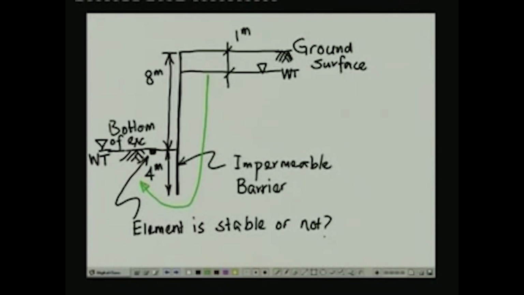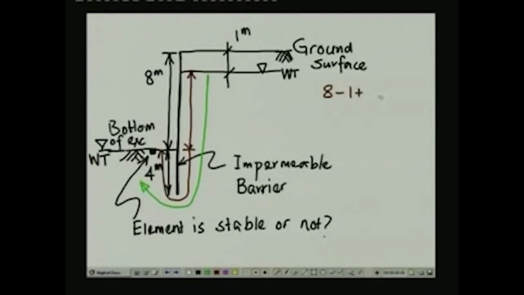So first of all, we have to answer as to what is going to be the hydraulic gradient under which this particular flow is going to take place. The minimum flow path is going to be, in this case, 8 meter minus 1 meter, that is the distance from here to here, and then the flow path has to find its way around the impermeable boundary.